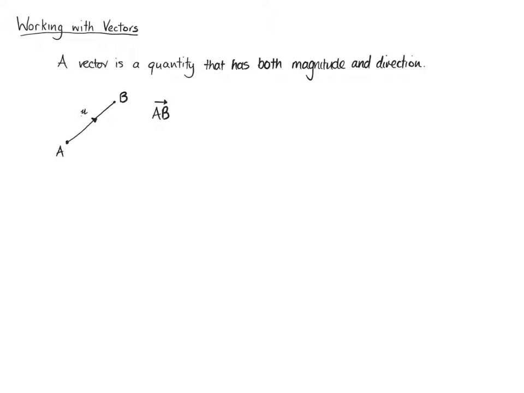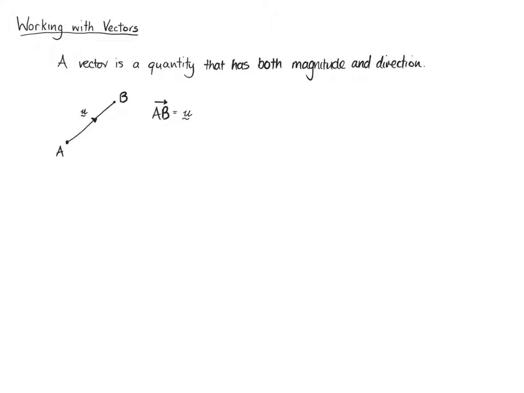Or we could give the vector a letter, which has a wee line underneath it. And that's another way of denoting the vector.